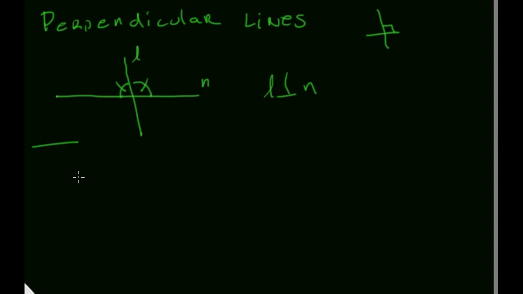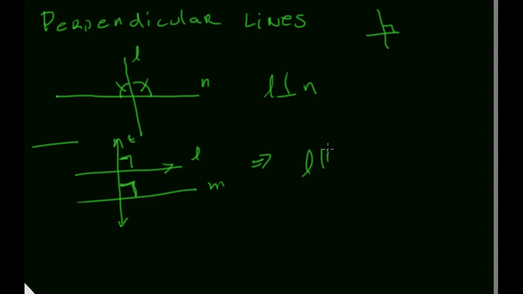We also have this idea that if I have two lines cut by a transversal and they're all in the same plane, right? We'll call this L, and we'll call this one M, and we'll call that T. If L is perpendicular to T, and also M is perpendicular to T, then this shows that L and M have to be parallel.